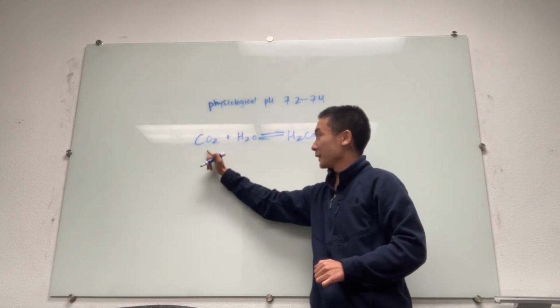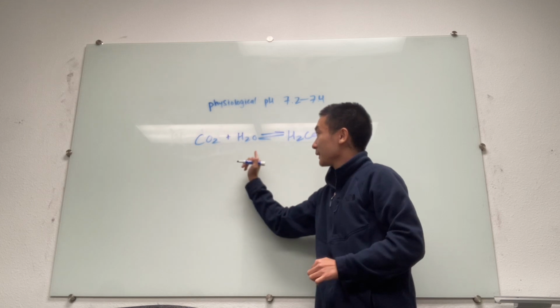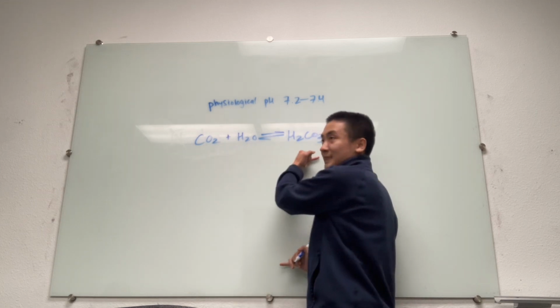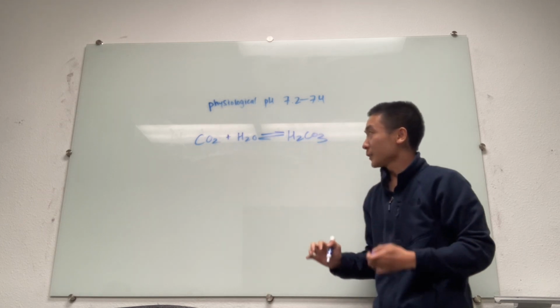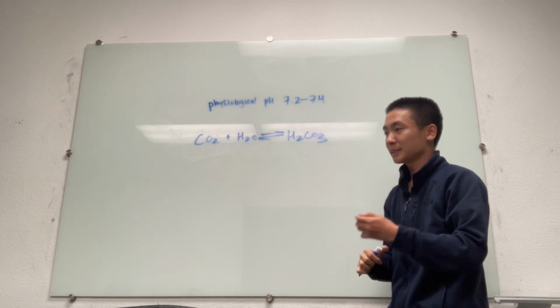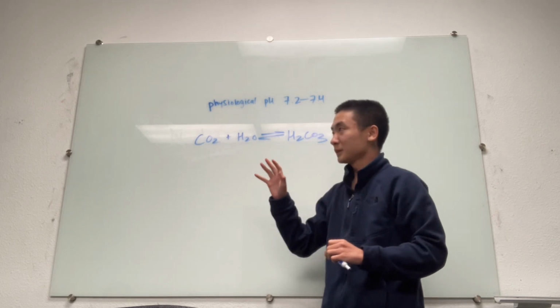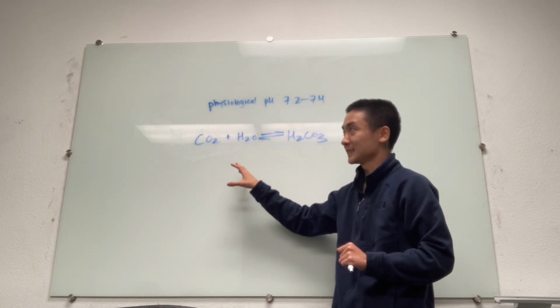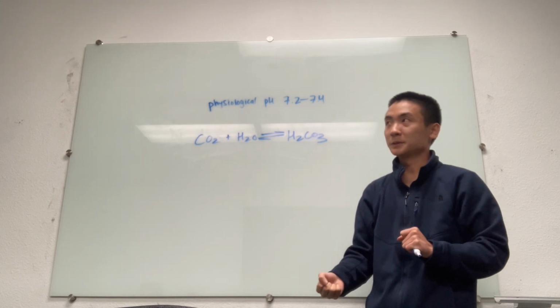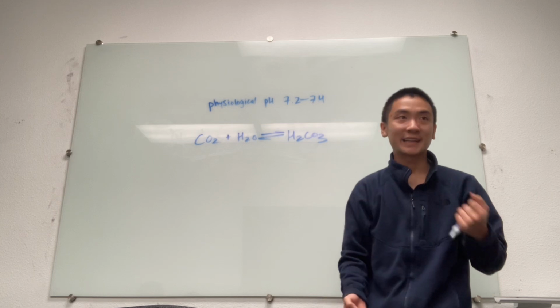As we increase carbon dioxide, it's going to favor this side of the reaction, right? Le Chatelier's principle is trying to maintain homeostasis. If we introduce a stress to the system, it tries to do what it can to balance it out.